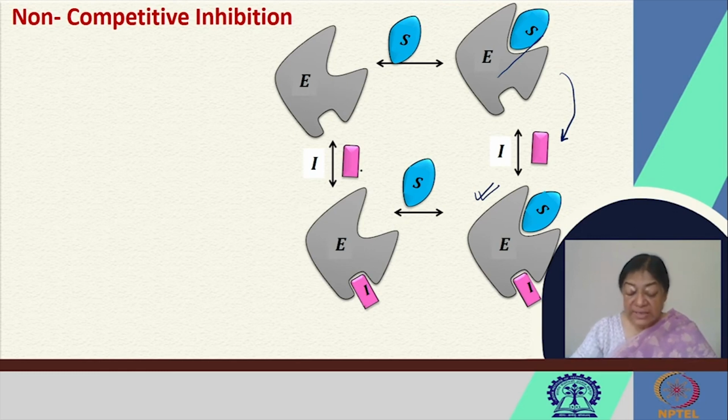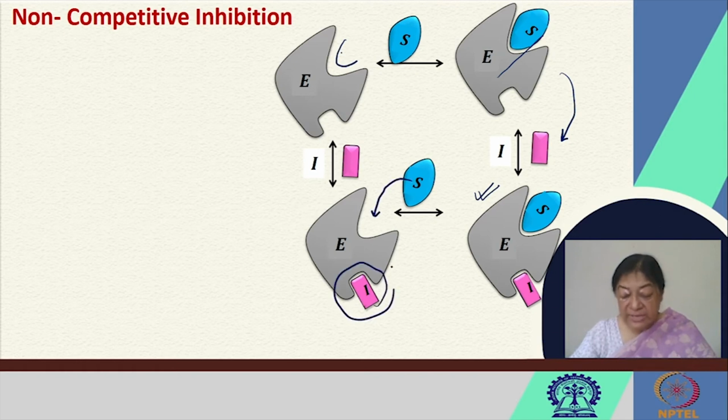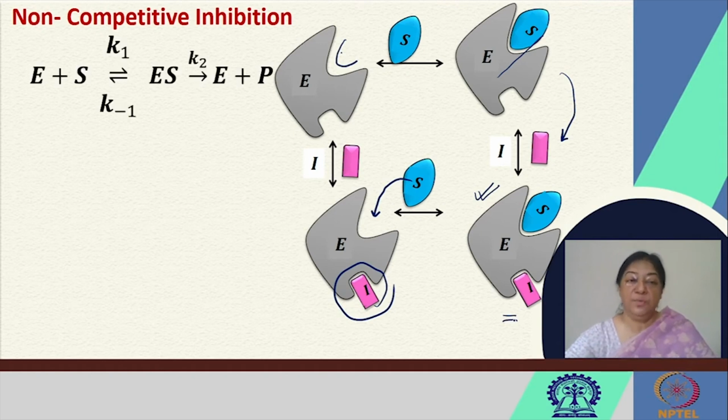This is the active site of the enzyme, and the inhibitor does not bind to the active site, rather it binds to its own site, that is a non-competitive inhibition. Once this ternary complex is formed, it can no longer form the product.